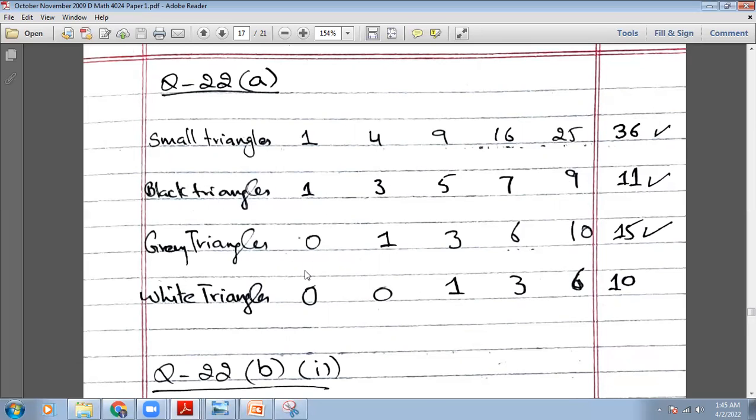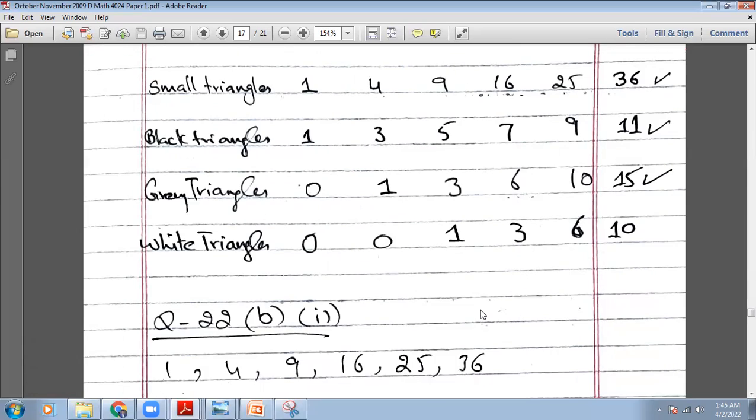For the gray tiles, the pattern is 0, 1, 3, 6. Here 1 is added, then 2 is added, then 3, then 4, then 5 will be added, so it will be 15. Then the white tiles: the sequence is 0, 0, 1, 3, 6, and 10.